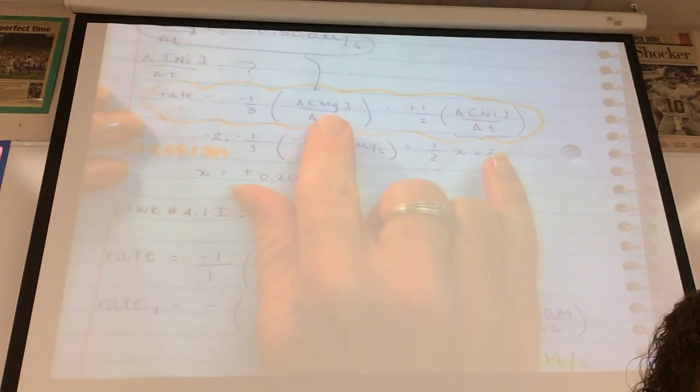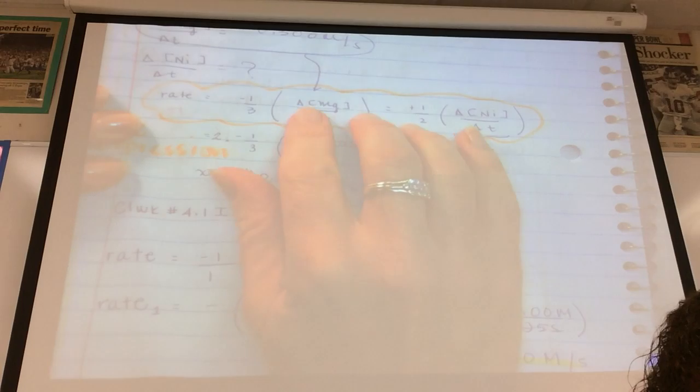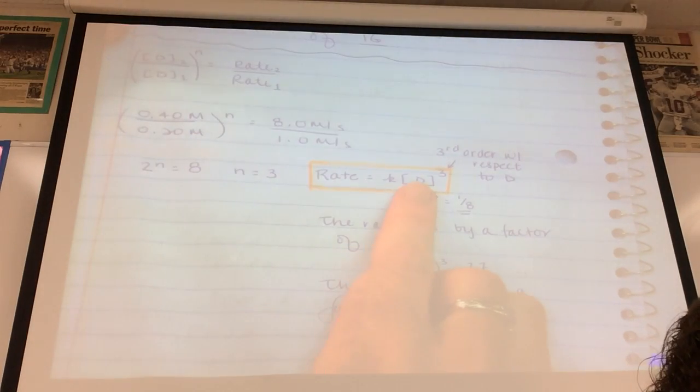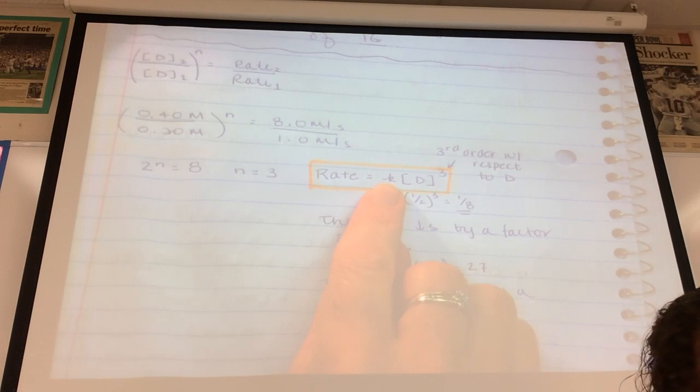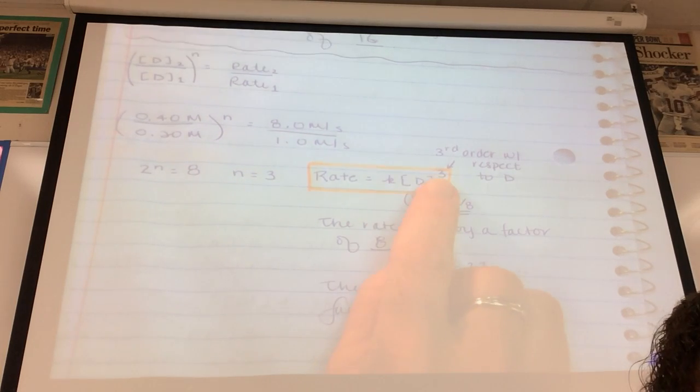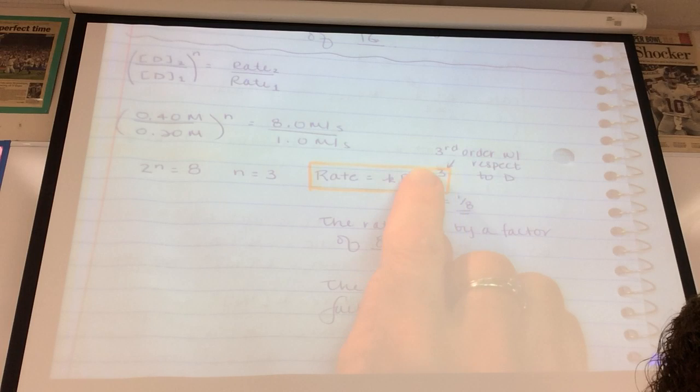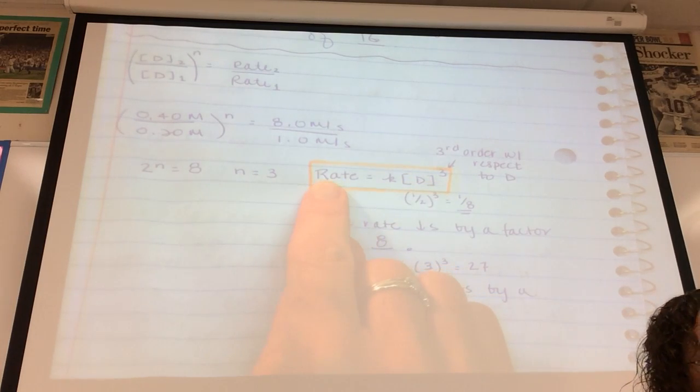This one has reactant and product in it. This one, concentration of reactants only. Rate laws also have k. The exponent is the order with respect to that reactant, and it helps describe how altering the concentration of the reactant affects the rate.